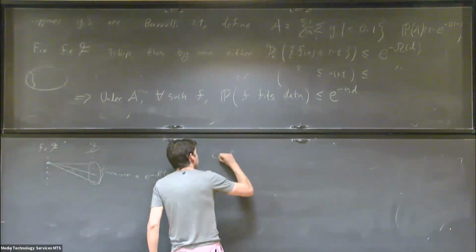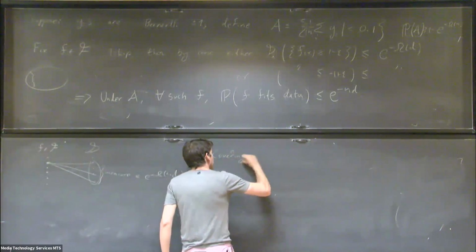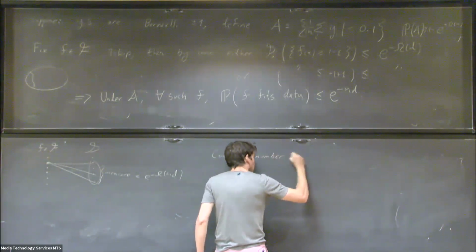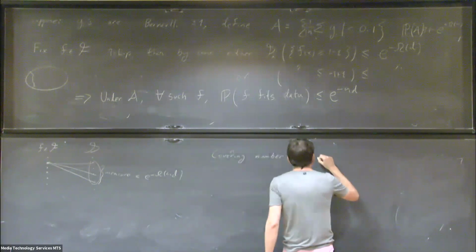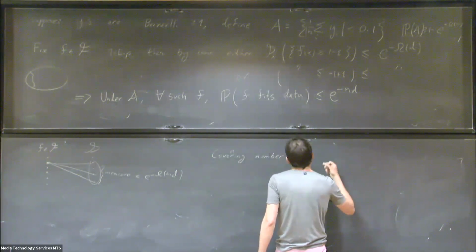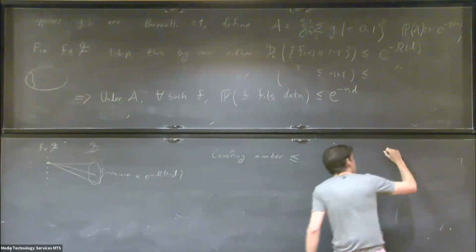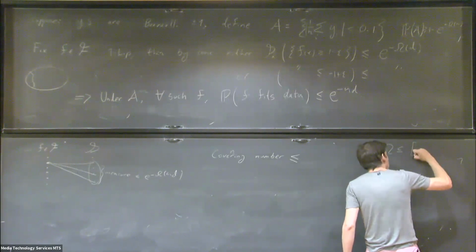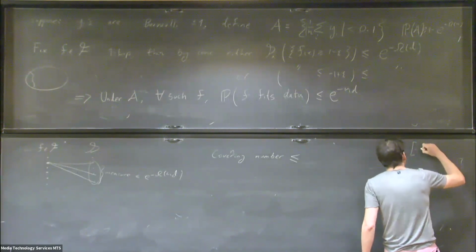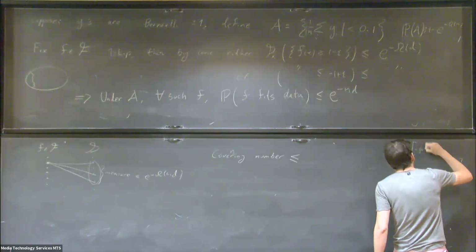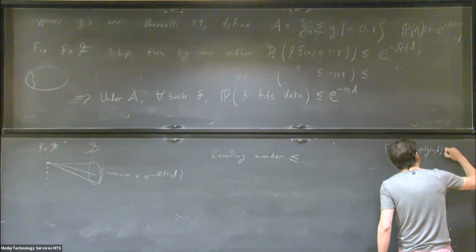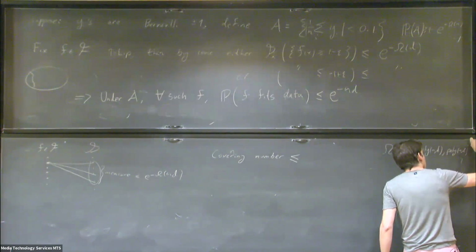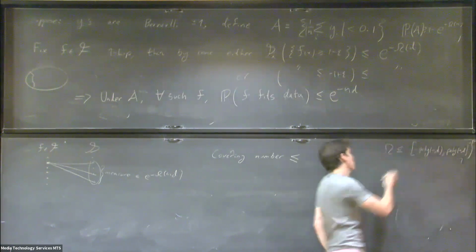So the covering number is at most, well, suppose that each coordinate of omega is bounded by some poly in d.